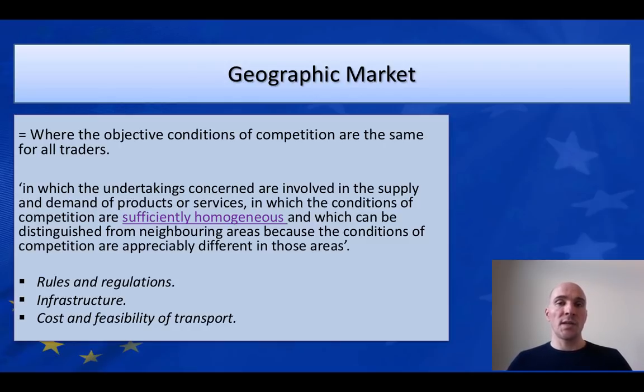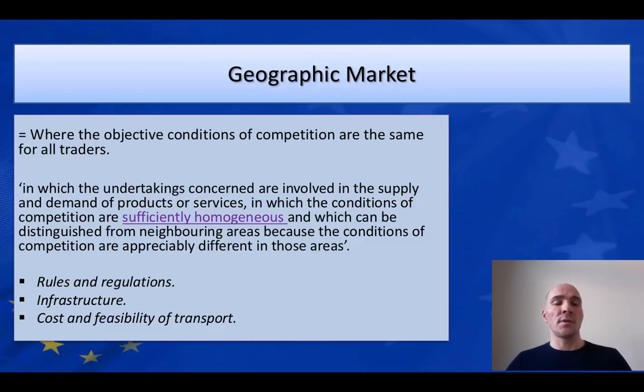Some things we can look at to establish whether a sufficient homogeneous situation are what are the rules and regulations in the countries concerned. As I mentioned already, they should be the same in the EU. What about the infrastructure? How are the roads? What about all kinds of bureaucratic obstacles?